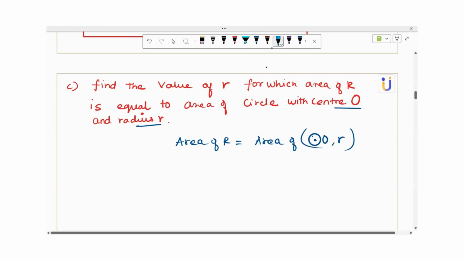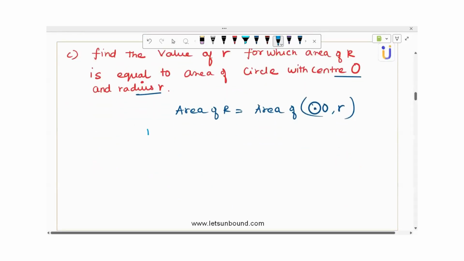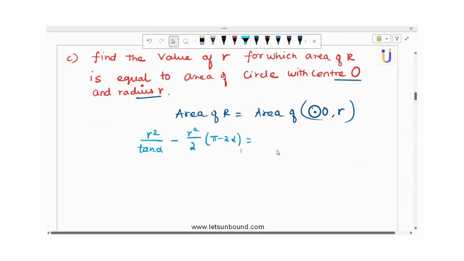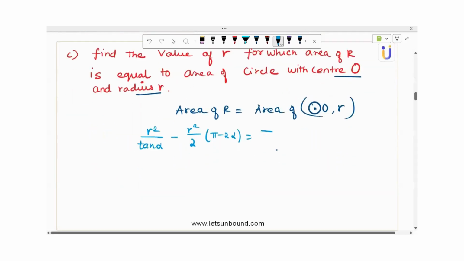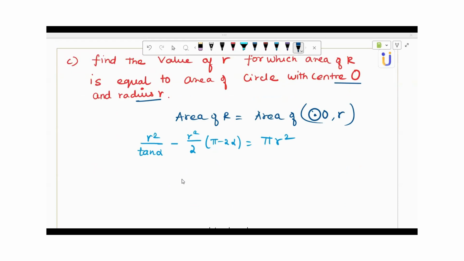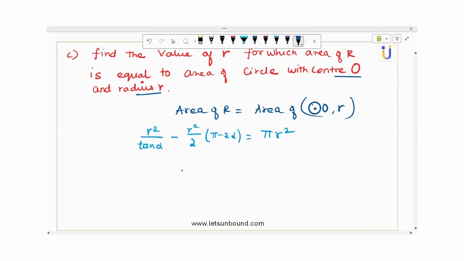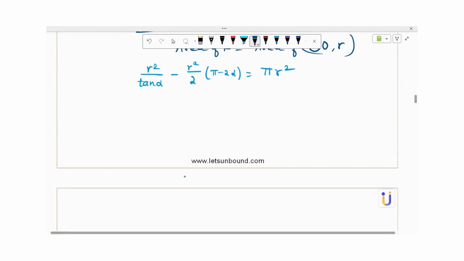Okay. Now area of R is quite a big term. Let me copy. R square by tan alpha minus R square by 2 times pi minus 2 alpha equals area of the circle with center O. This is the basic formula, pi R square, right? And we have to look for which value of alpha, right?